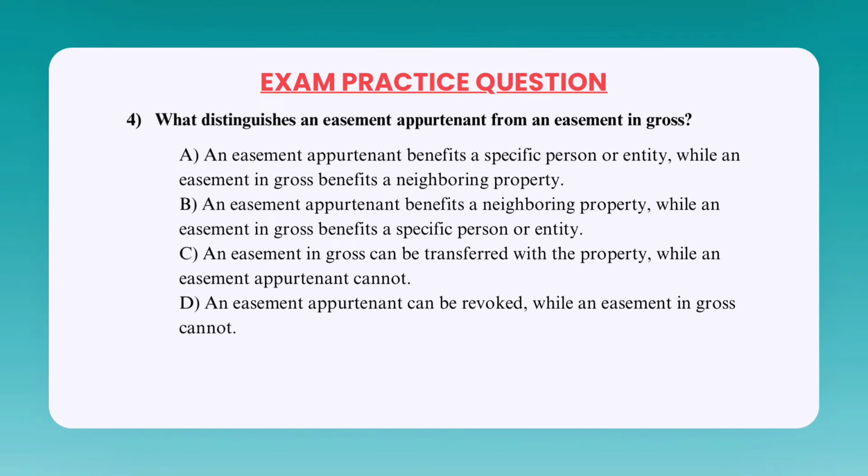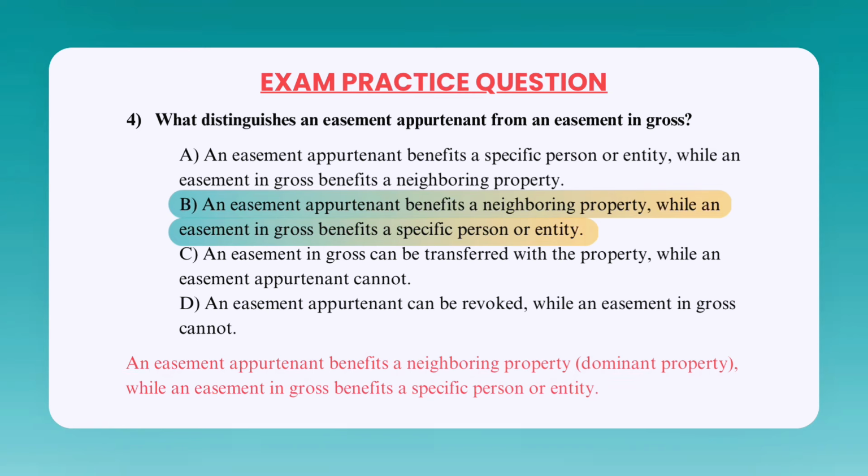C, an easement in gross can be transferred with the property, while an easement appurtenant cannot? Or D, an easement appurtenant can be revoked, while an easement in gross cannot? The answer is B. An easement appurtenant benefits a neighboring property, like a dominant property, while an easement in gross benefits a specific person or entity.